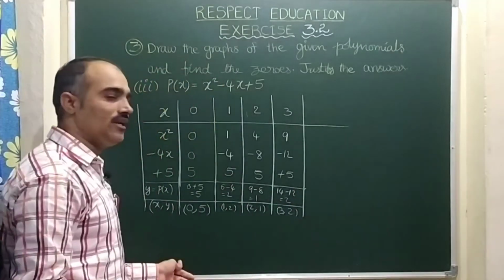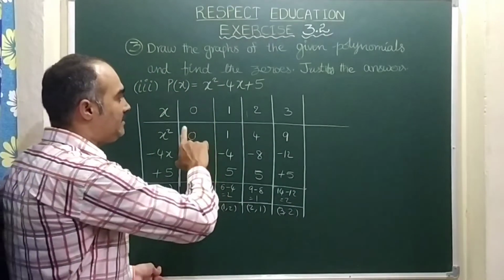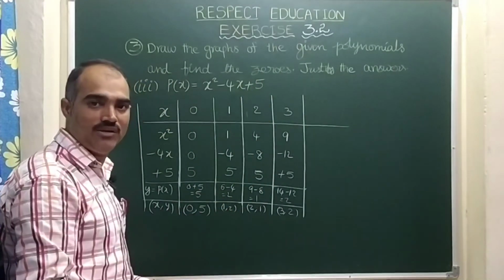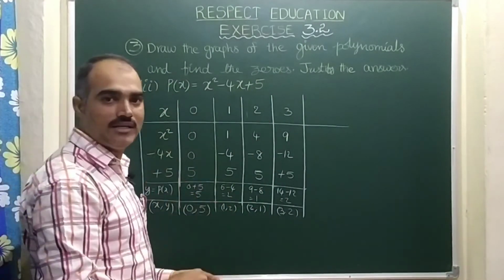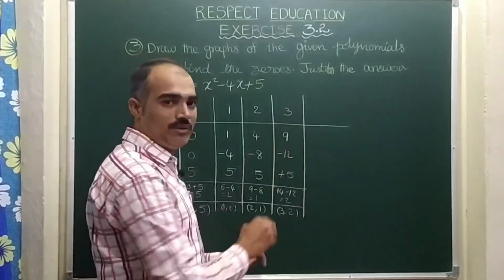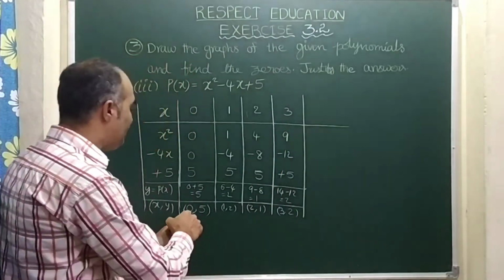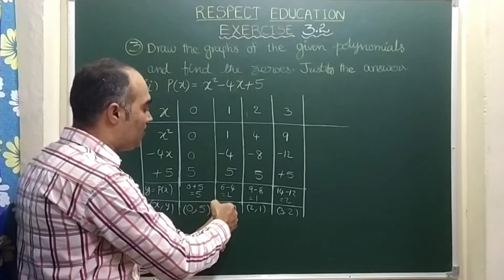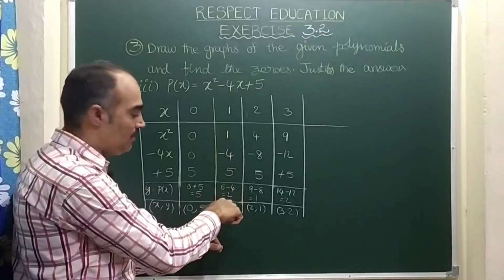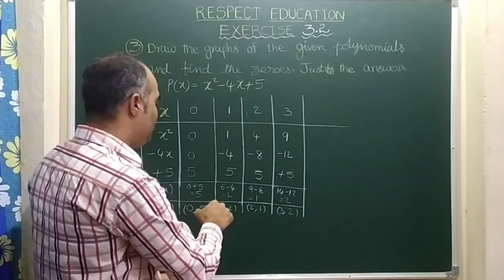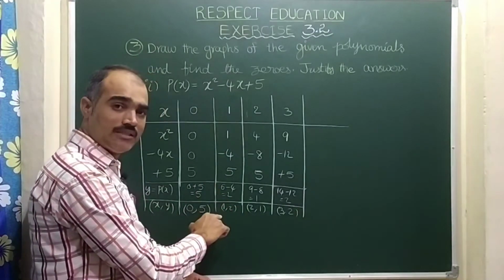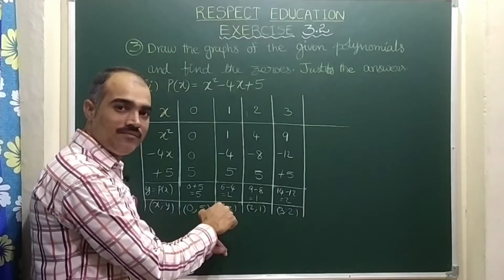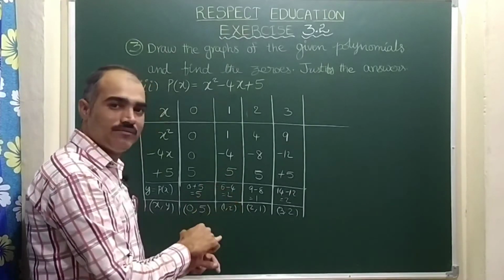Here you observe these values, children. As the x value increases, what happens to the corresponding y value? Our target is to get 0 at least. If you get 0, then we can stop. If x is 0, y is 5. If I increase the x value, the y value decreased. If I take x equal to 1, I get y equal to 2. So as I increase x, the y value is getting decreased.